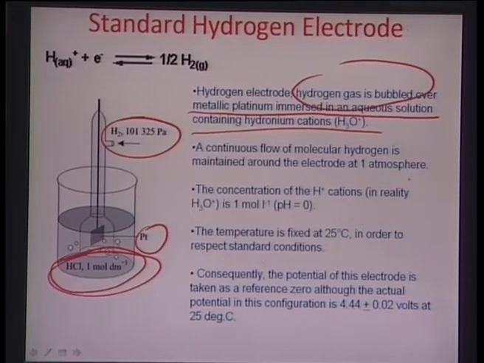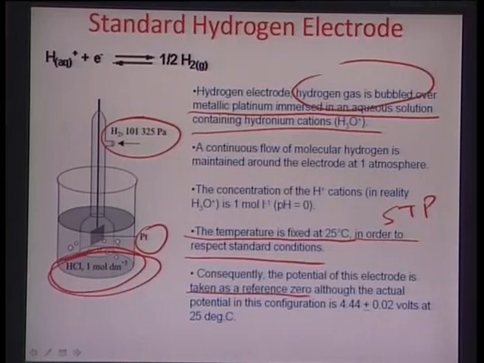At 1 atmosphere pressure and a temperature fixed at 25 degrees Celsius, which are standard temperature and pressure STP conditions, the potential for this electrode is taken as a reference 0, although the actual potential in this configuration comes out to be about 4.4 plus minus 0.02 volts at 25 degrees Celsius.